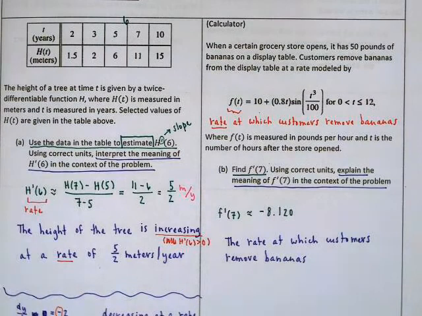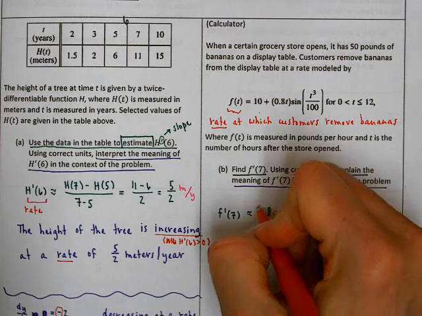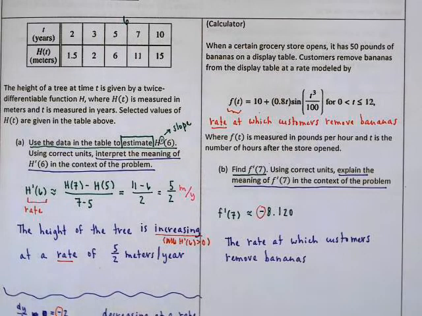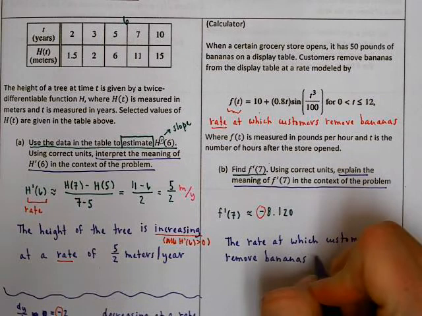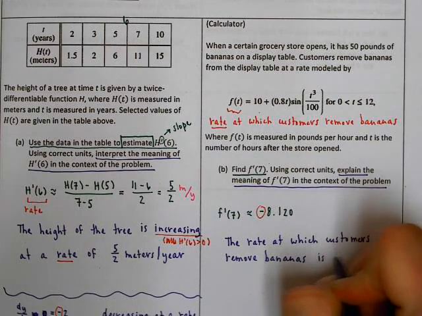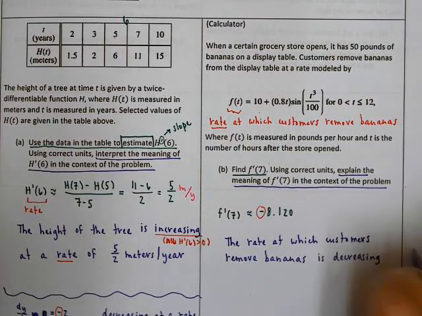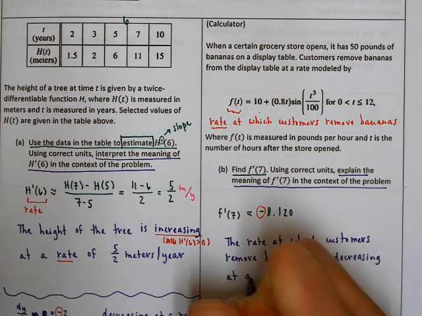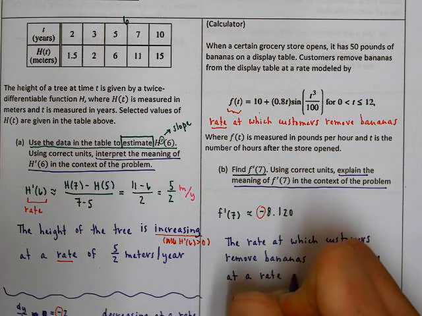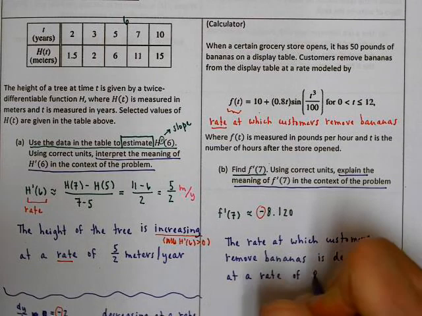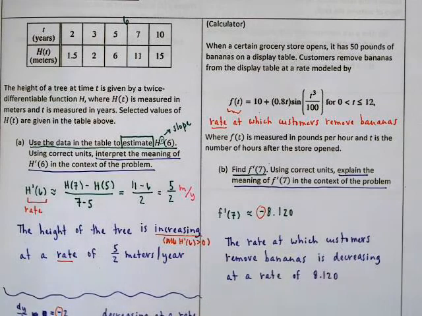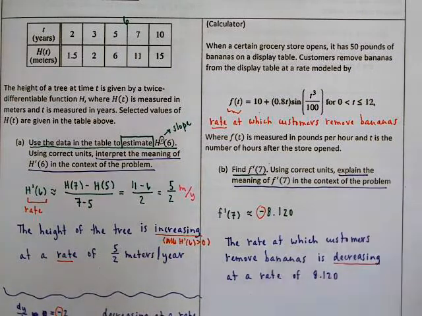Now here, since I have a negative value, and this is what we talked about earlier, we would say the rate at which customers remove bananas is decreasing at a rate of 8.120. Again, I don't say decreasing at a rate of negative. We just know that negative means decreasing.